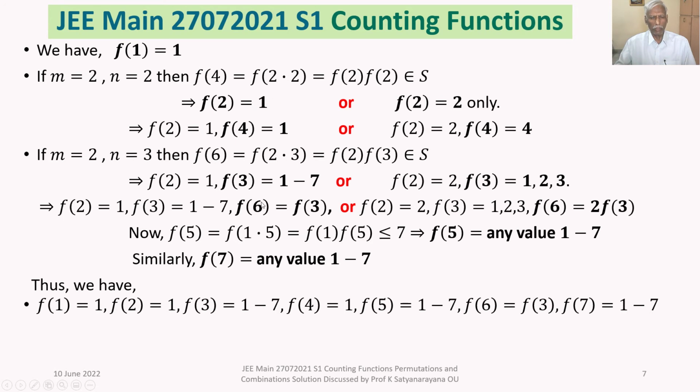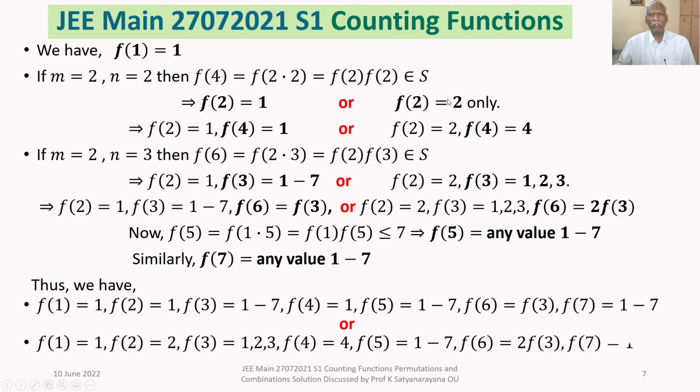Or, branching out the second: f of 1 is 1 common, f of 2 is 2, f of 3 is 1 to 3, f of 4 is 4, f of 5 is 1 to 7, f of 6 is 2 into f of 3, f of 7 is 1 to 7. These are the two branches we have.